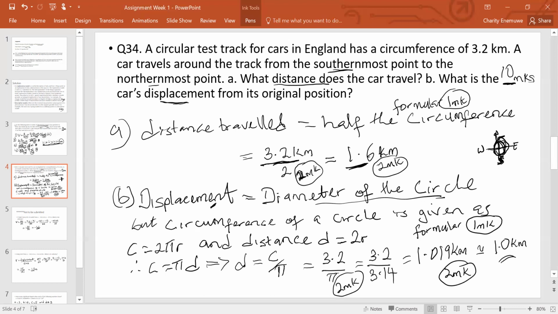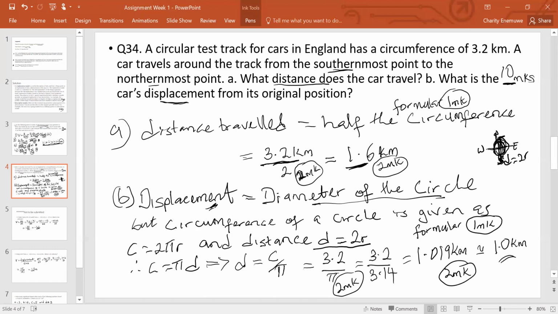So the formula for circumference of a circle is 2 pi r. And the diameter of that circle, because we know r is radius, is 2 radius. So diameter itself is 2r. So that means we can actually replace with d, which is the displacement, that means the diameter of a circle. Okay.